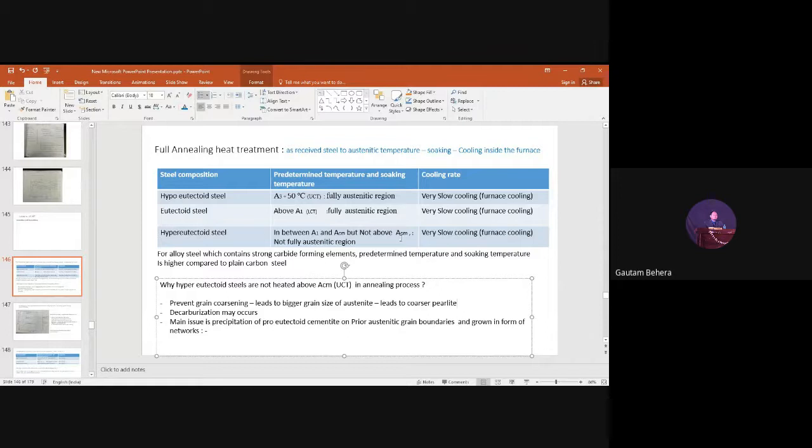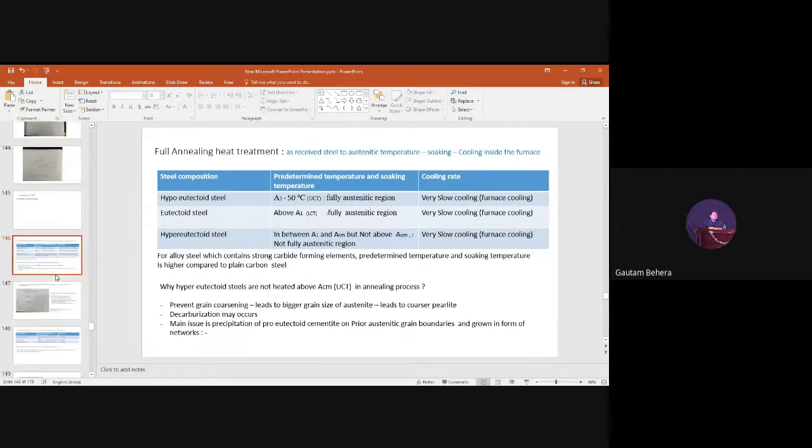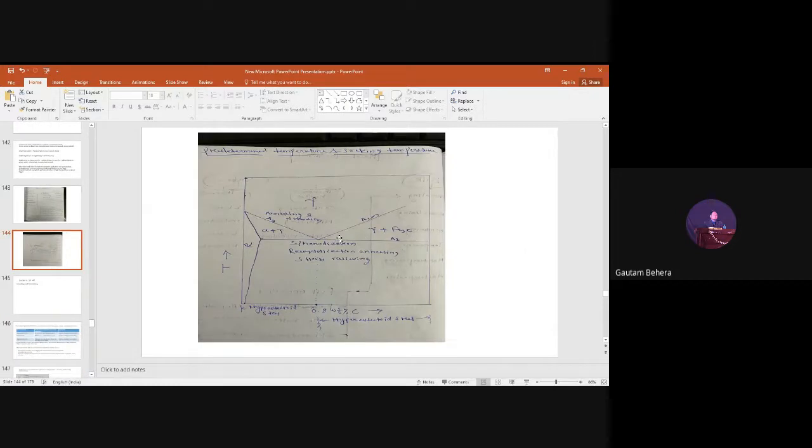So the answer is what? The first point is to prevent grain coarsening. Let me justify this one. Just look at this one. This is the ACM line, right? Basically, we want a homogeneous austenite in the annealing process. But if it is hyper-eutectoid, suppose we are going like this and going 50 degrees above the temperature A3.